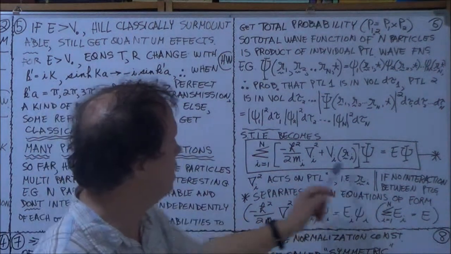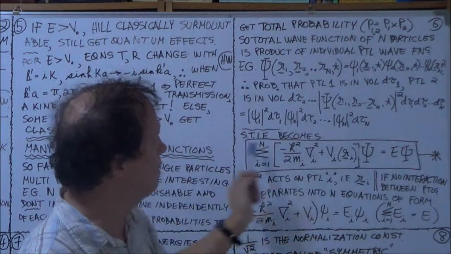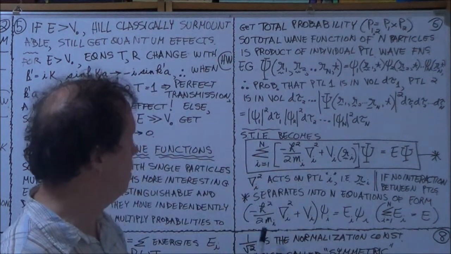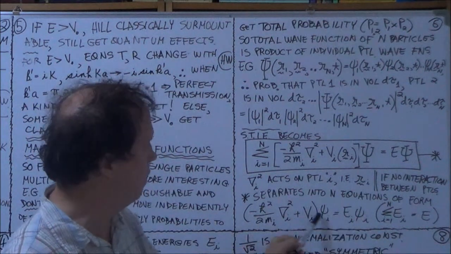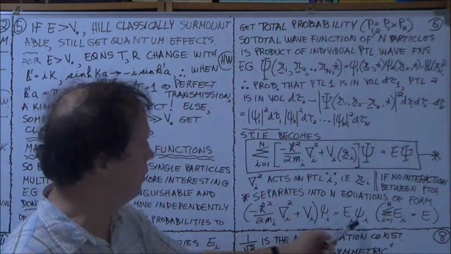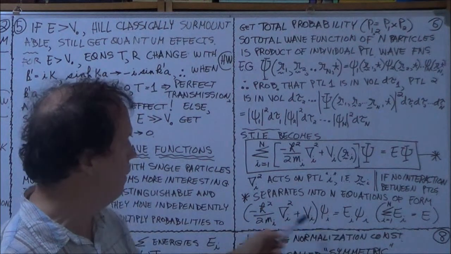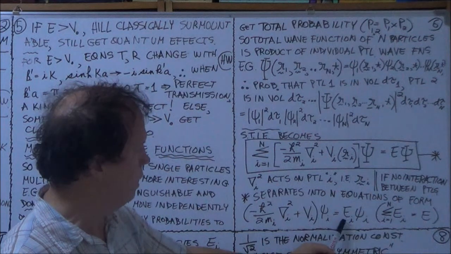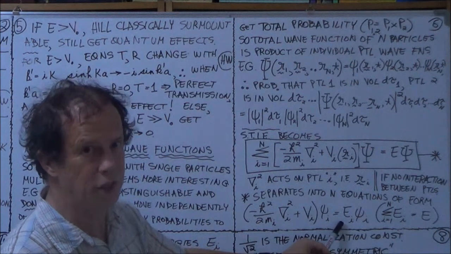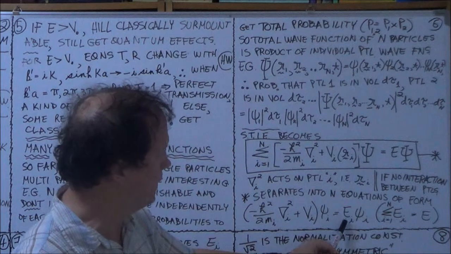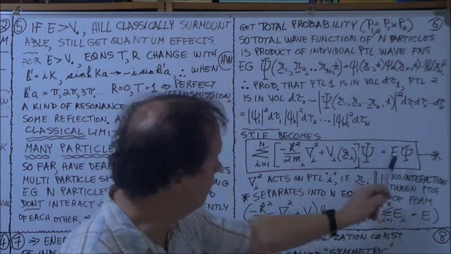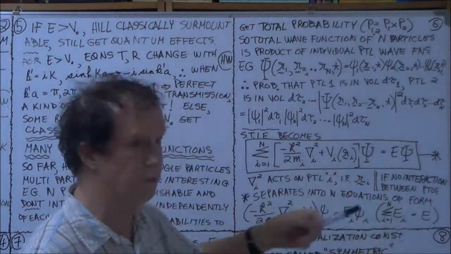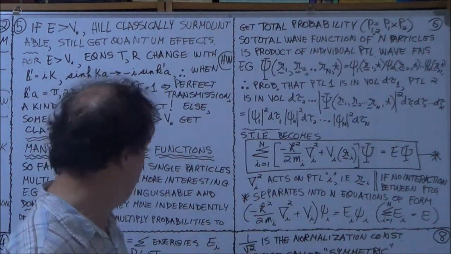Now, if there's no interaction between these independently, then this splits up into n equations of our old form that we're used to, where these E_i are the eigenvalues for each individual particle, but you can sum them to get your big E for your capital psi, for the wave function for the whole system, right?